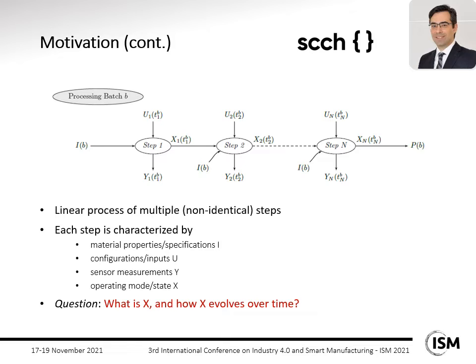Let's consider a toy example where we have one sensor measurement, which is the energy consumption at a particular step. And this energy consumption takes either a high value or a low value. Assuming that these are the only two values that energy consumption can take, it's sufficient that we consider introducing two operating modes, X1 and X2.